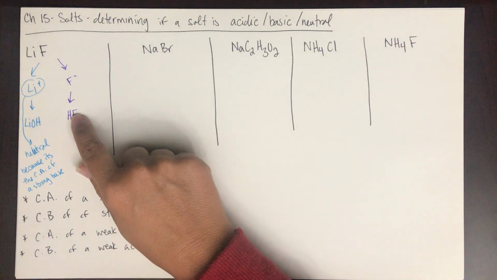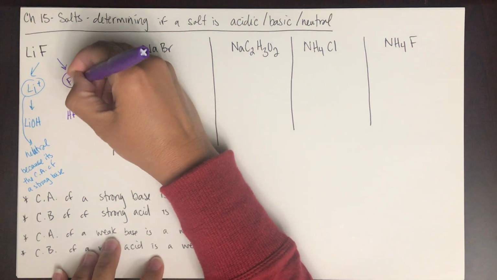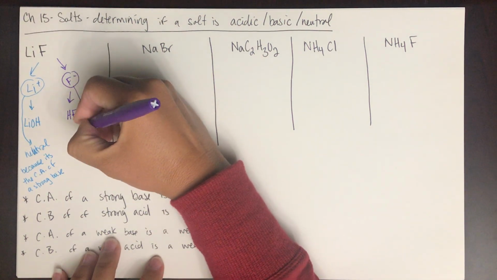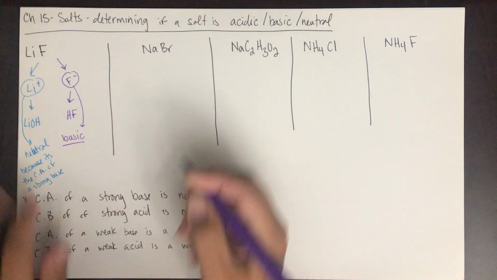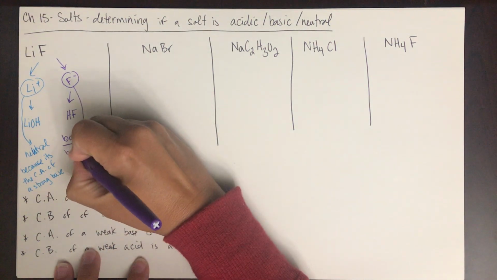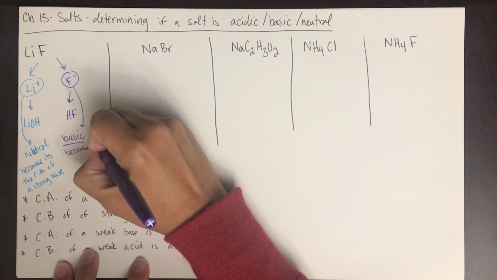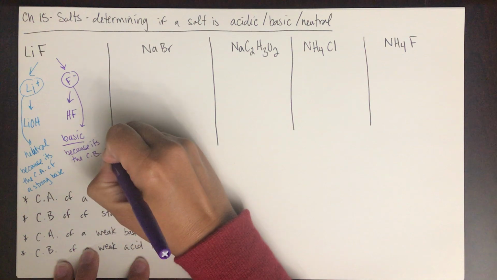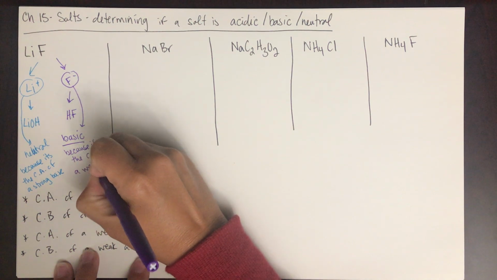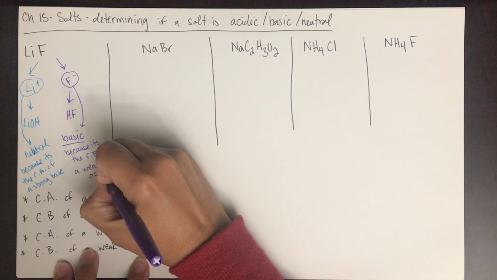If HF, hydrofluoric acid, is a weak acid, that means the fluoride ion is basic. It's basic because it's the conjugate base of a weak acid.